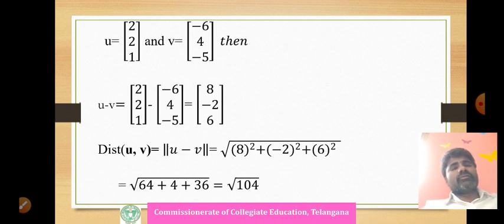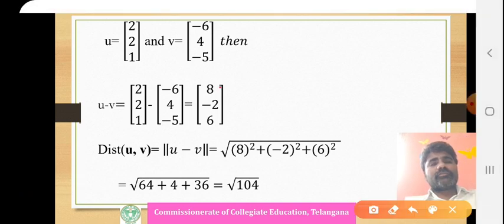Therefore u minus v equals 2 plus 6, which is 8, 2 minus 4, which is minus 2, and 1 minus minus 5, which is 1 plus 5, it is 6.